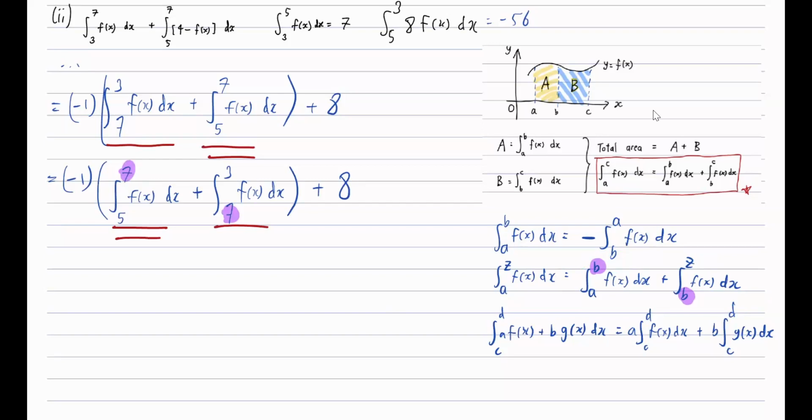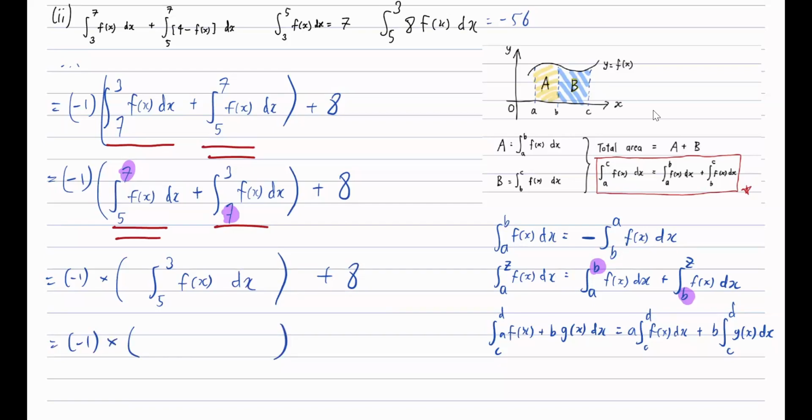Then combine. What do you get? -1 multiplied by -7. Yes, correct. One more step. It's actually the integral from 5 to 3 of f of x dx, close bracket, plus 8, -1 times this guy.